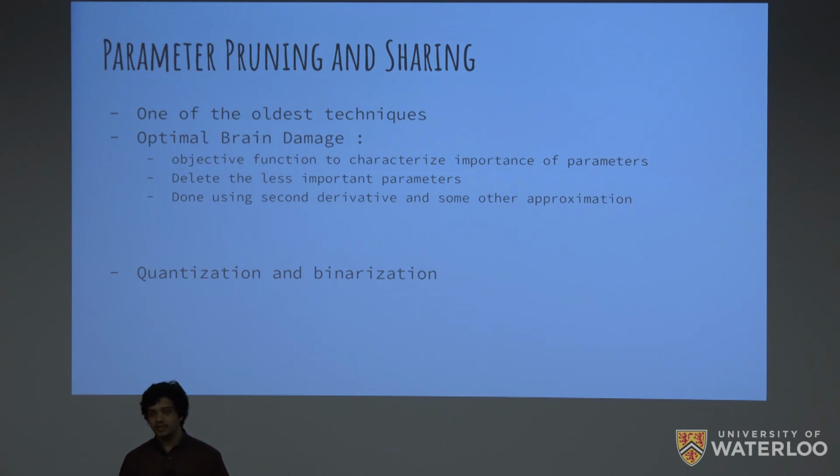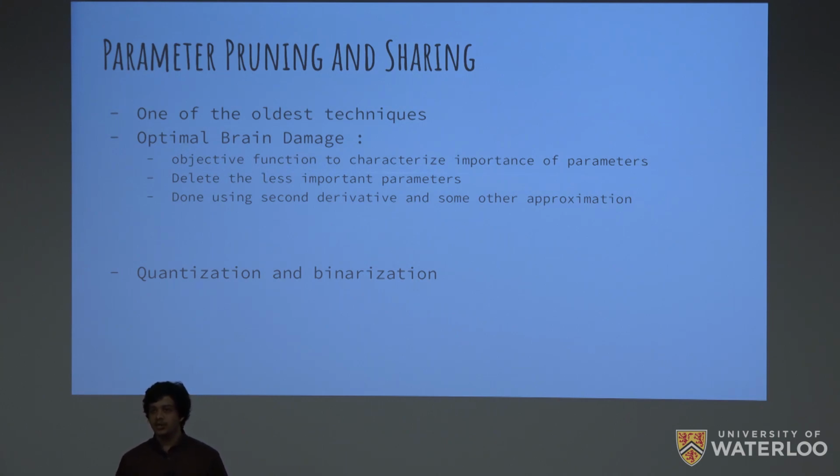So parameter pruning and sharing is one of the oldest methods of model compression, and pruning was developed in 1990 by Yann LeCun, much ahead of its time, where this problem didn't even exist. Perhaps the neural networks were barely working during that time. The approach was that you create an objective function to characterize the importance of the parameters.